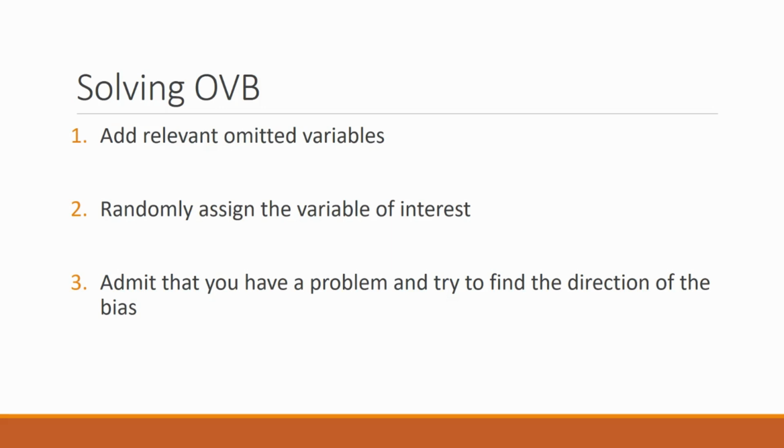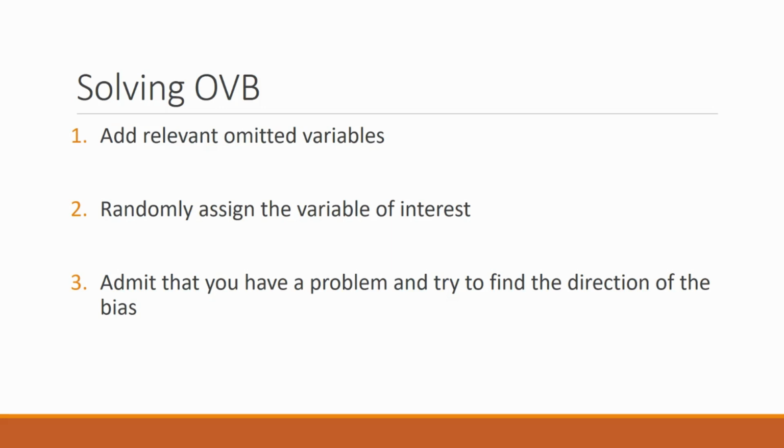But suffice it to say for now that if there's some way that we can conclude that our independent variable of interest, like hours from the GPA model or education from the wages model, is independent of any other variables, then the conditional mean independence assumption will hold and we'll have an unbiased estimate. Randomization is a way that we can do that. We'll talk about that later.